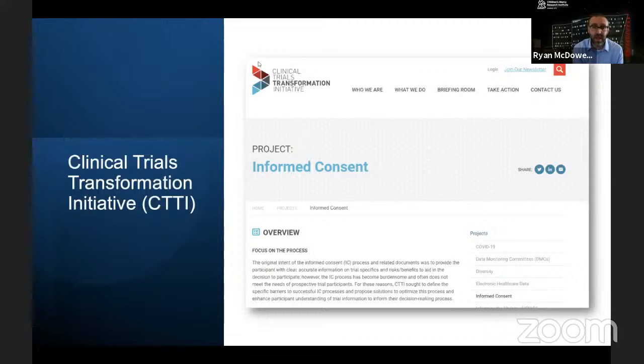We really did base a lot of our work off of the work that they already did. The literature review that they did on consent and comprehension, and the focus groups with patients, providers, and researchers, were really informative. It's a really good starting point if you're looking to take on a larger initiative. So I just wanted to give credit where credit's due there. Next slide.